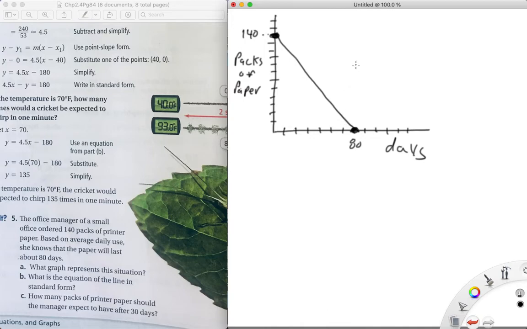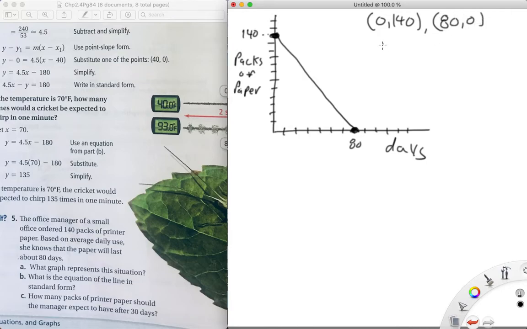So we have our two ordered pairs, right? Our first ordered pair is (0, 140). And the other ordered pair is (80, 0).